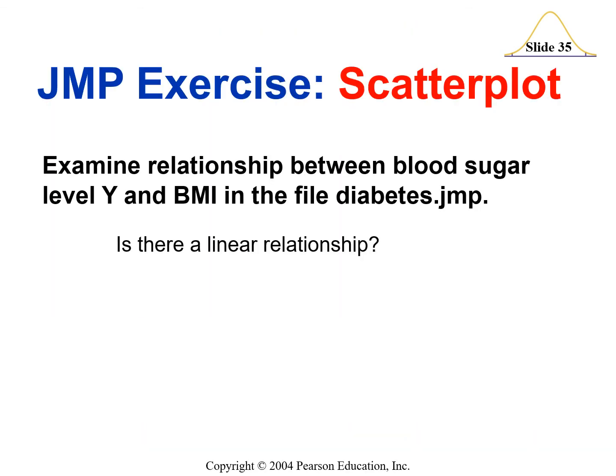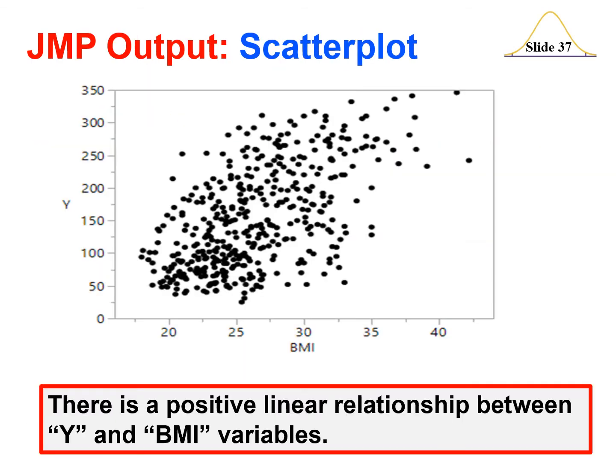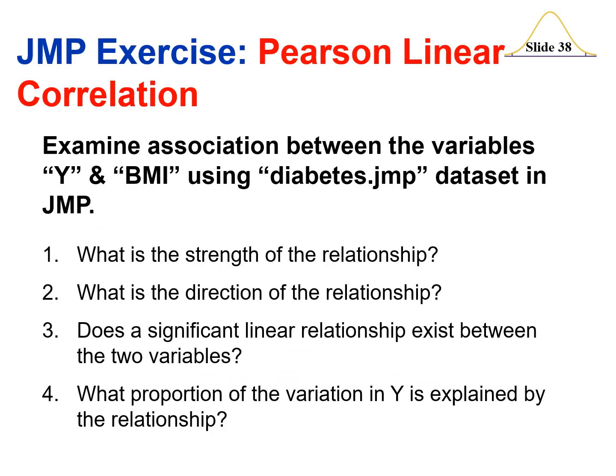Here you can see JMP exercises, for example a scatter plot between Y and body mass index. Also between Y and body mass index, answer strength, direction, significance, and proportion of variation.